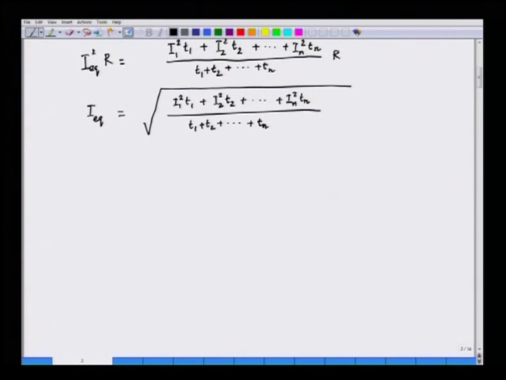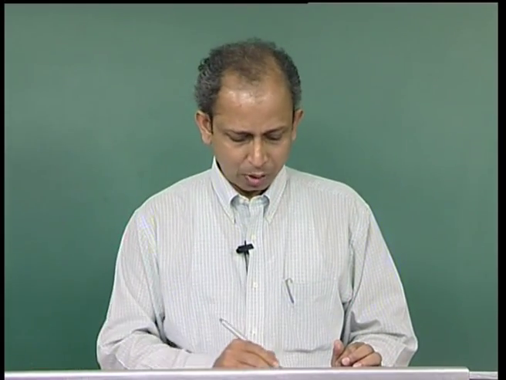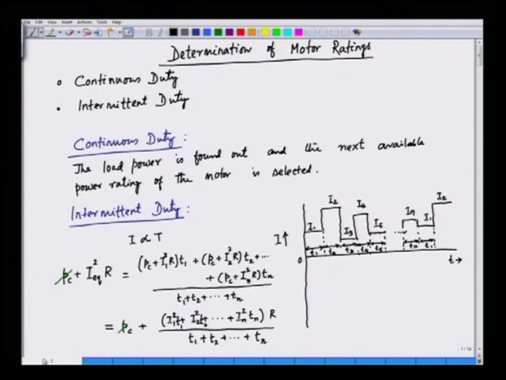Now, in this case the current variation is not continuous, but discrete. Let us see the nature of the current variation. Here we have I1, then a step change, these currents are discontinuous, and then we have I3, I4, I5 and similarly up to In.